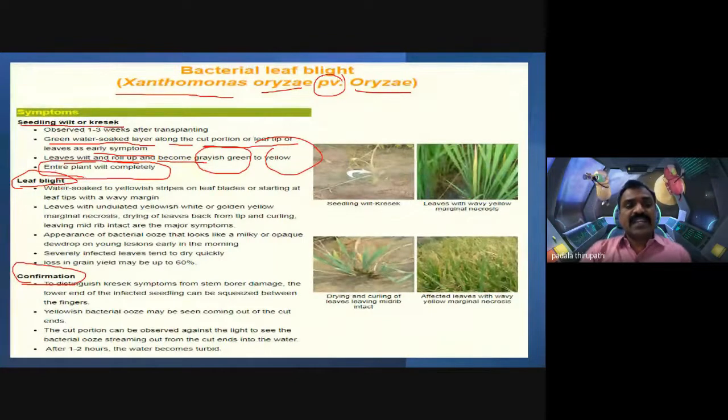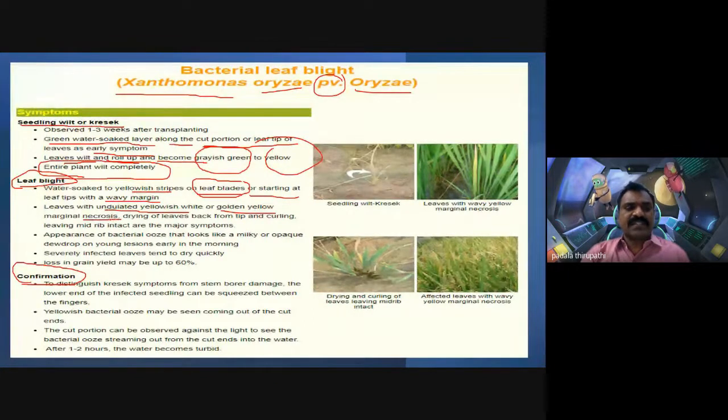So in this leaf blight, there are water-soaked yellowish stripes on leaf blades, or leaf lamina, starting at the leaf tips with wavy margins. Afterwards, the leaves show undulated yellowish white or golden yellow coloration on the leaf surfaces, and marginal necrosis.